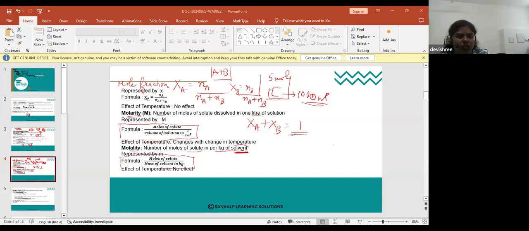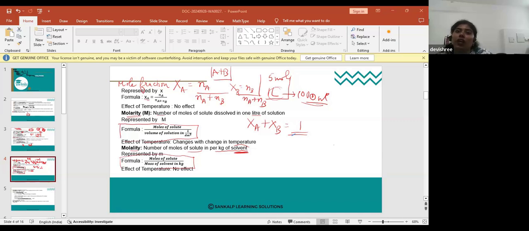So I just want to summarize what we studied till here. Starting with, you studied what is solution, then what is solute, then what is solvent, then the types of solutions, then what is concentration. Concentration means amount of solute that can be dissolved in a particular amount of solvent.